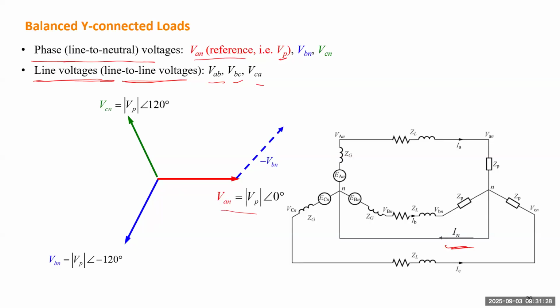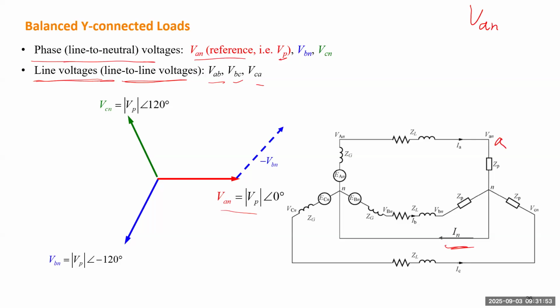That's why we put A in front. If you create another phasor, VNA, it will be opposite to VAN, right? Let me make it clear.